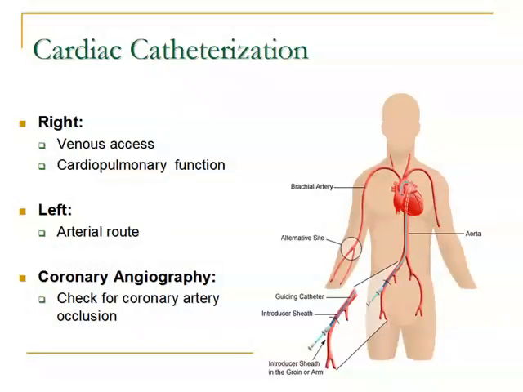The left-sided cardiac cath is actually done via the arterial route. So with this one, we think of the femoral artery as a very common area where the catheter is inserted and then scanned up to the heart. With this one, it's almost like it's put in retrograde in order to get a good visual of the heart.